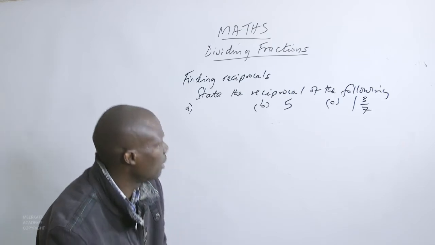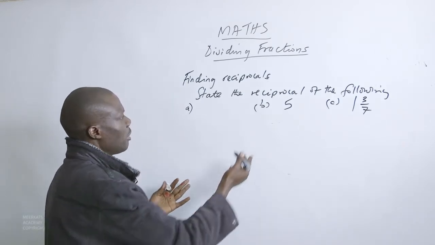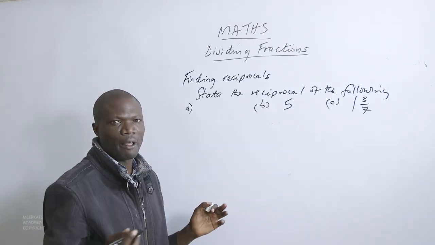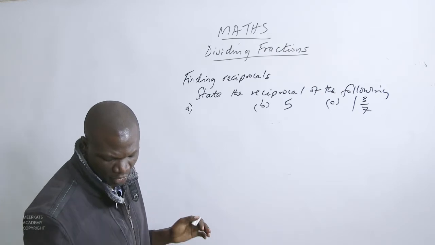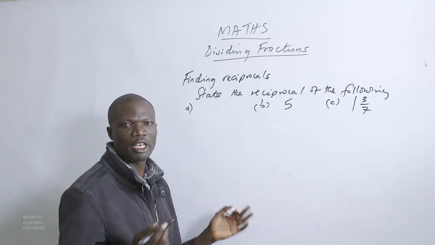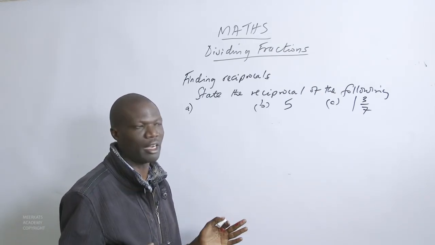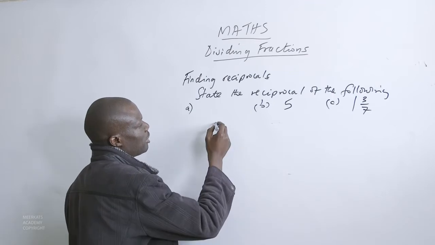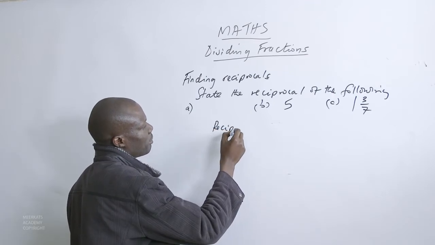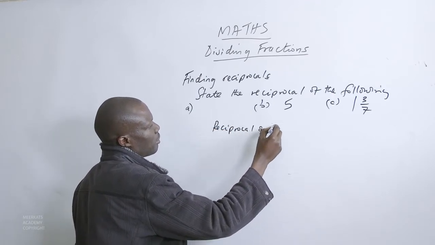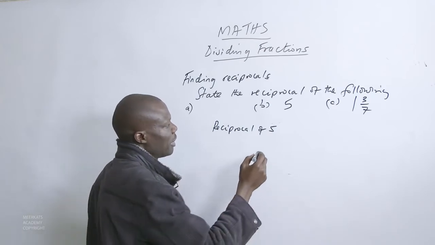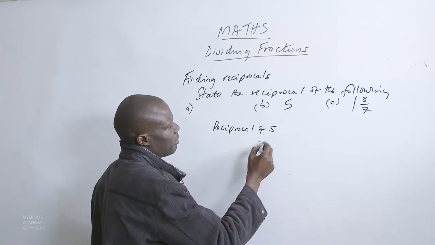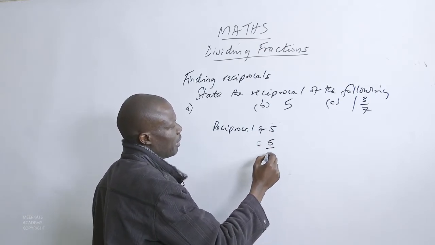We have 5. To get the reciprocal of 5, as we said earlier on, we shall need to introduce a denominator. So for the reciprocal of 5, we introduce a denominator, which is the same as saying 5 over 1.